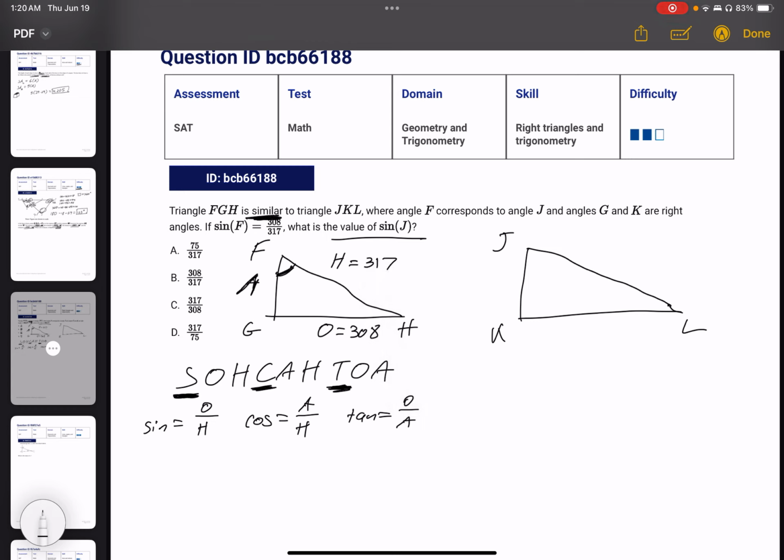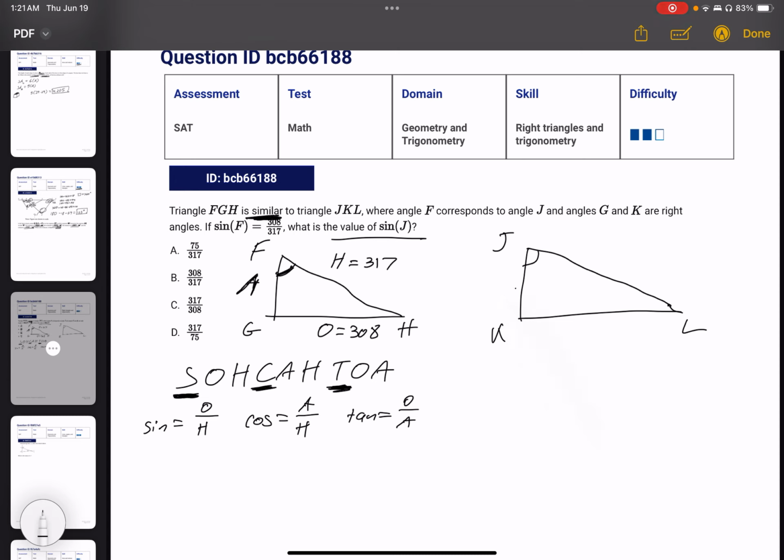Now looking at this angle, sine of J. It's asking for the sine of J. If we know that these triangles are similar, we know that their angles are going to be congruent, in other words, the same.